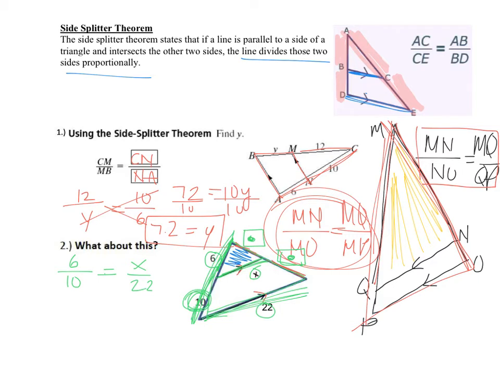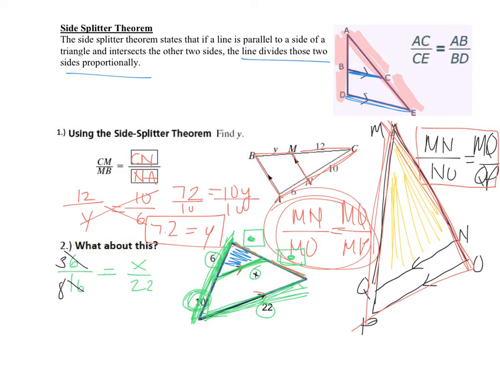So let's set this up better. 6 over 16 is the right way. So it's the little side to the big side, 6 over 16, and then the little side to the big side, x over 22. That's the correct way to set this one up. It's using just the fact that they're similar triangles, not the side splitter theorem. Let's go ahead and reduce this. 2 goes into here 3 times, 2 goes into there 8 times, and then we can cross multiply.